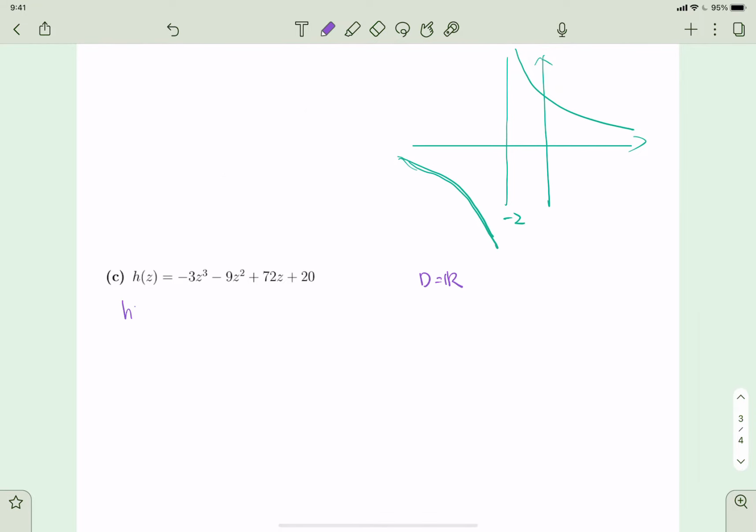And now we take the derivative, so we have -27 z squared minus 18z plus 72, and now factor out maybe 9, -9, so we have, oh, this is not 27, it's just 9, okay.